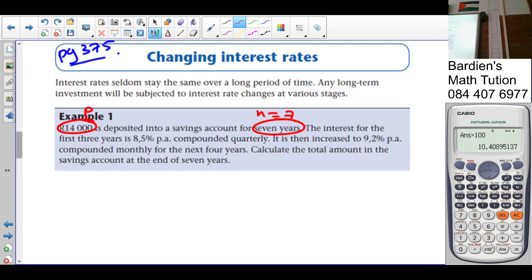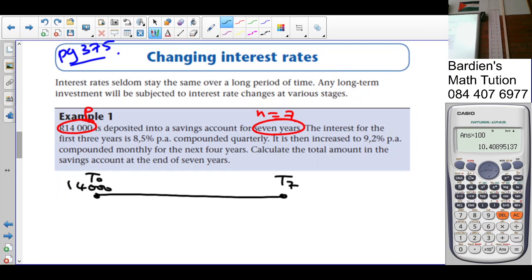Okay, so let's use the timeline. This is T0, your initial starting time. You're starting off with 14,000 rand deposited into a savings account for 7 years, so that's going to be T7.